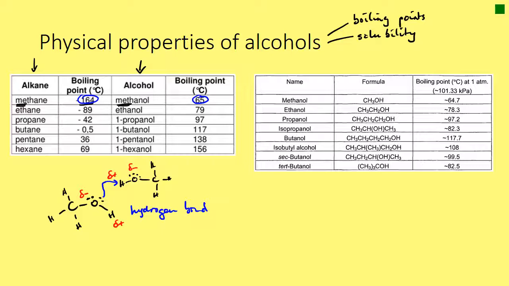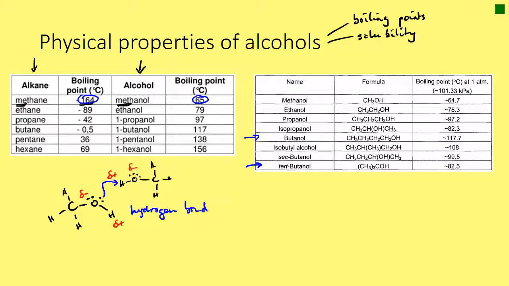What might be interesting is to have a look at tert-butanol and compare it to butanol. Same number of carbons, 4 carbons in butanol, but butanol is just a straight alkyl chain attached to a hydroxyl group.